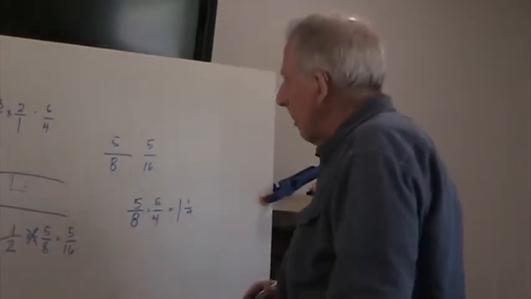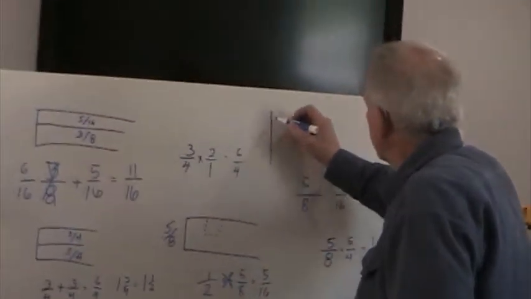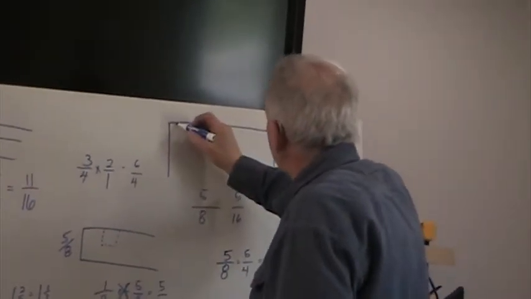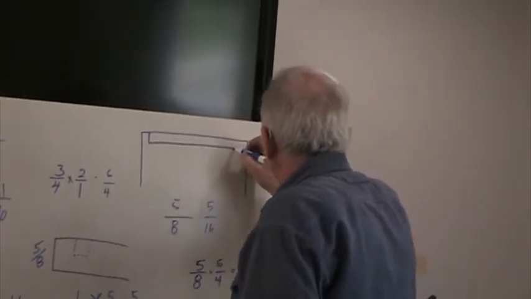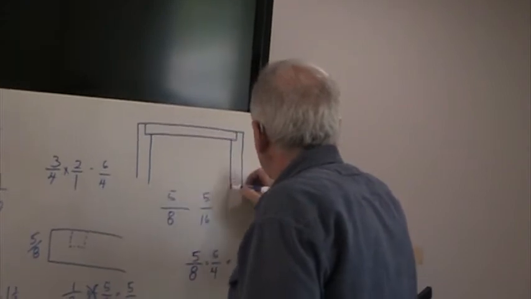Now another situation you might come up with, this will be my last example, is let's say we've got some joinery. I'm making some kind of a box or container, and I'm looking at the edge of the lumber here. So let's say I've got something like this.